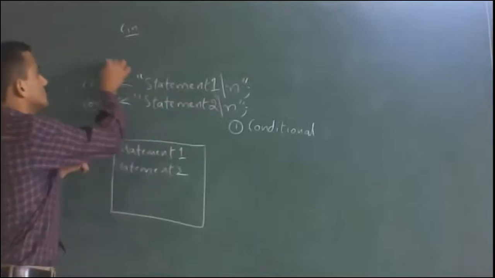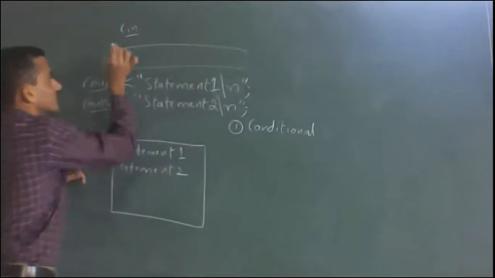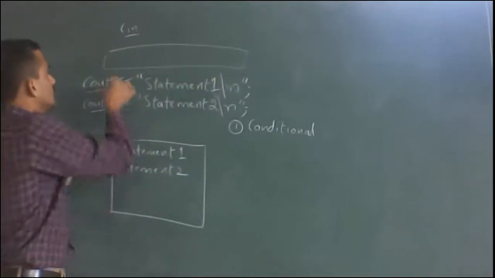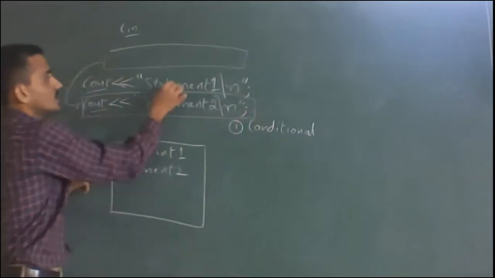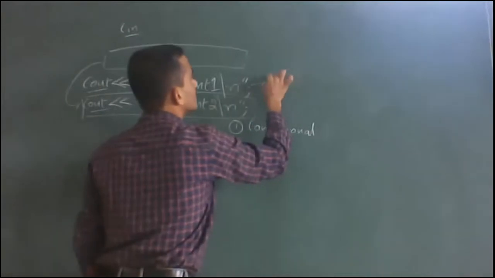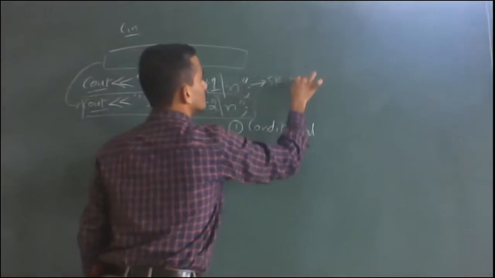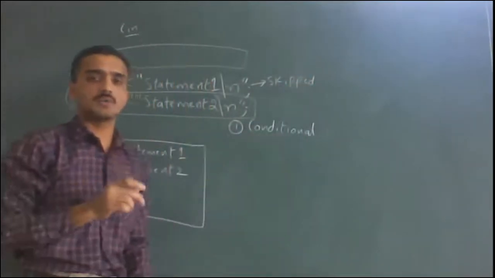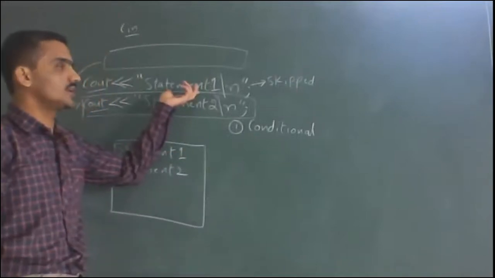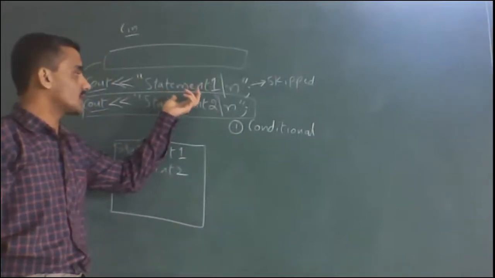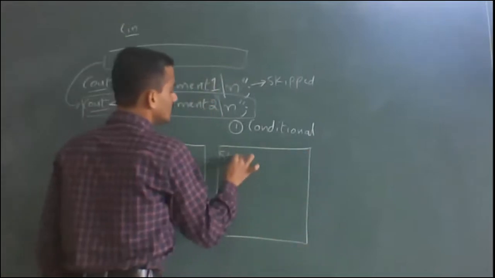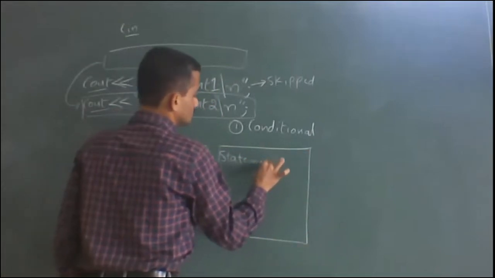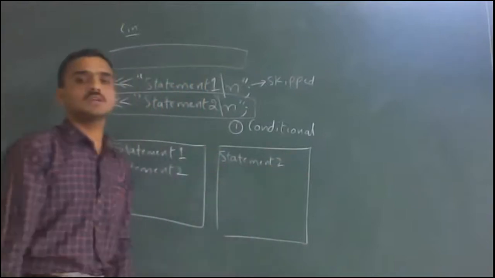If program control is in this line when you press F7 and it comes directly to this line without considering the previous one, we can say that statement is skipped for execution. So the output will be only statement 2.